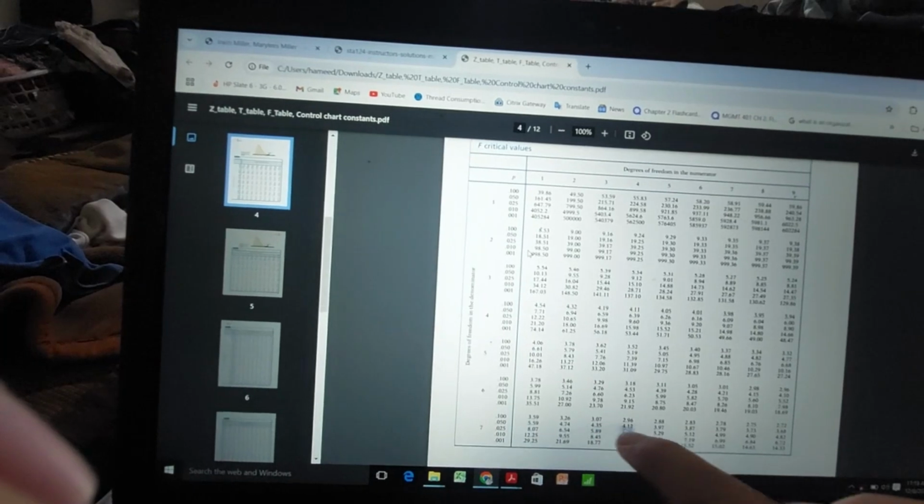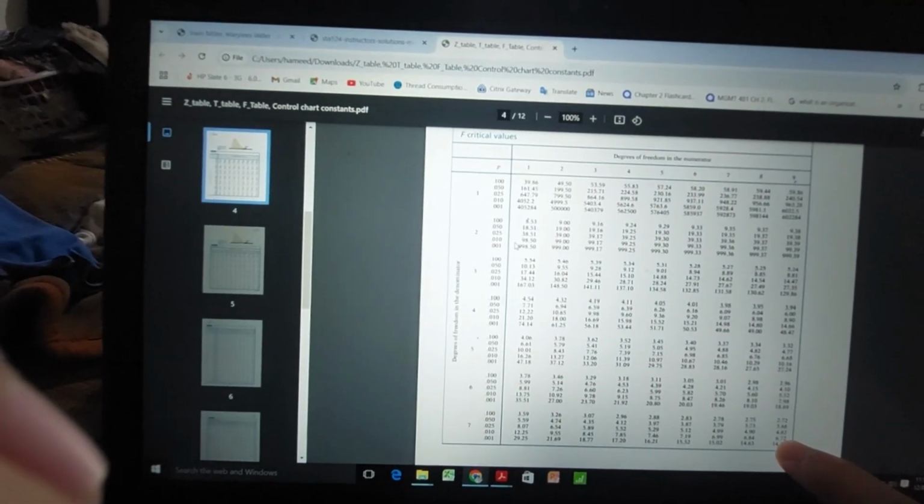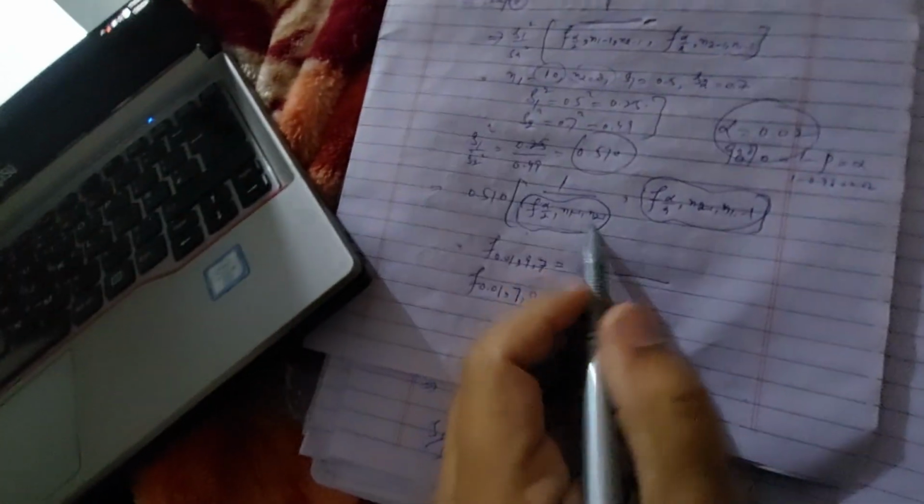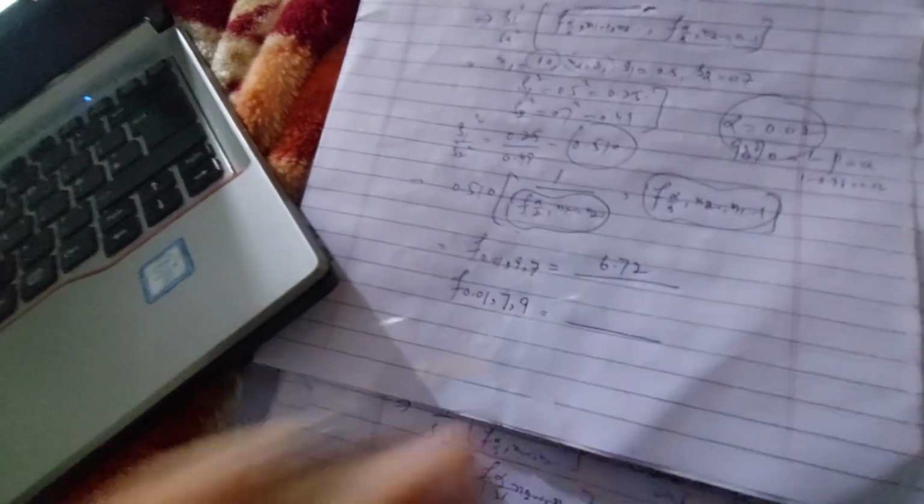Over here I get 6.72. So the first value I get is 6.72, and I can write it here.